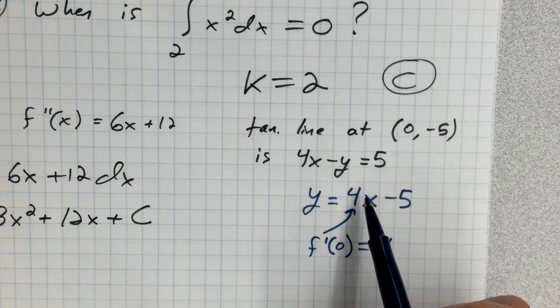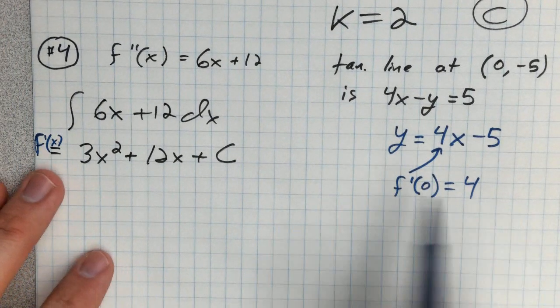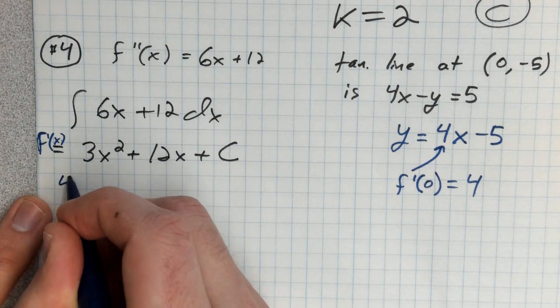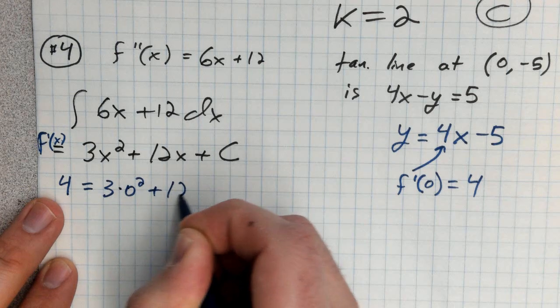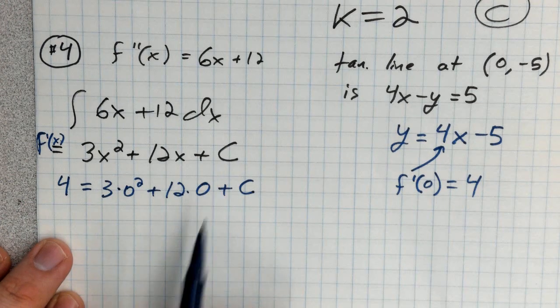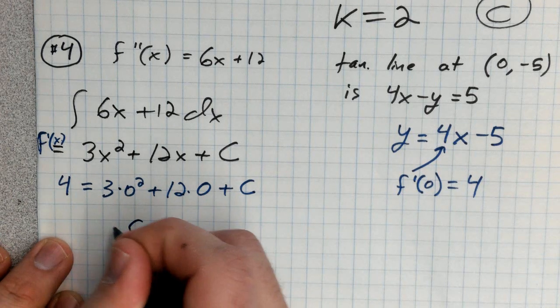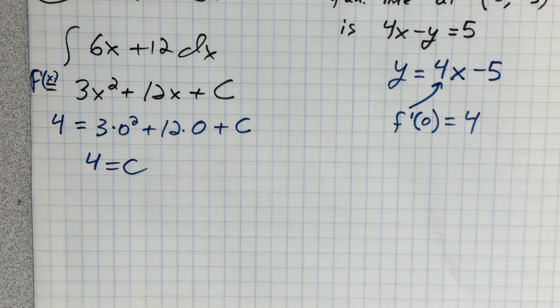So the slope of that tangent line is 4. That's the derivative. Okay? So I know that 0, 4 is on the derivative. So I can write this. 4 is equal to 3 times 0 squared plus 12 times 0 plus c. All that stuff goes away. I get c equals 4. Right? Questions?